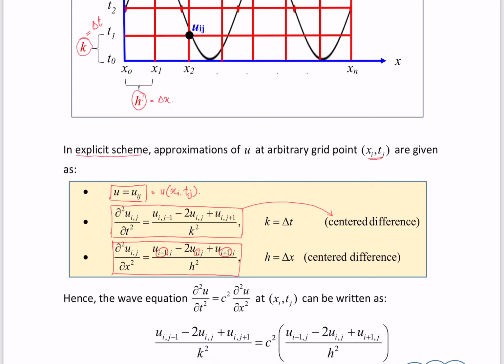While for the t derivative, we keep i fixed and we take the j here.